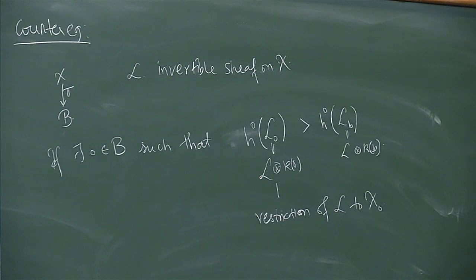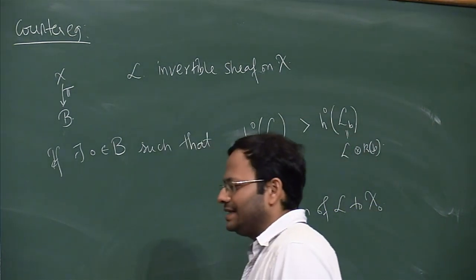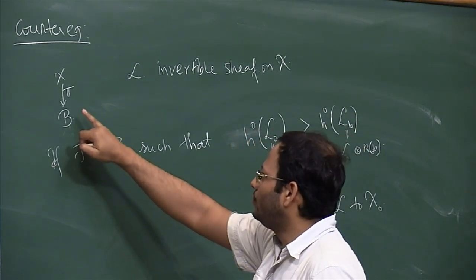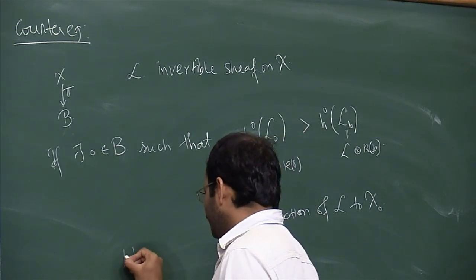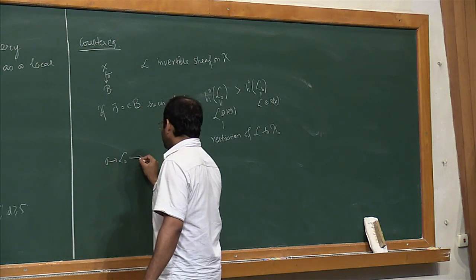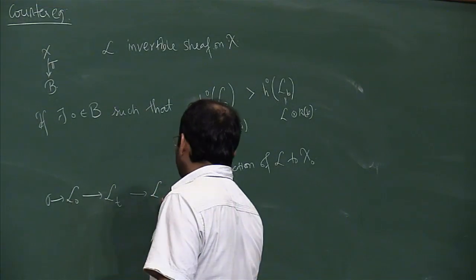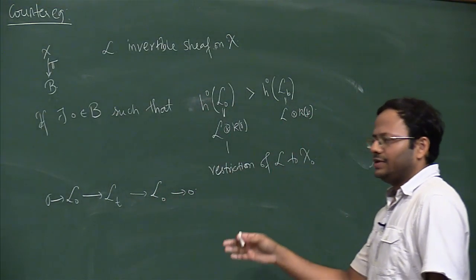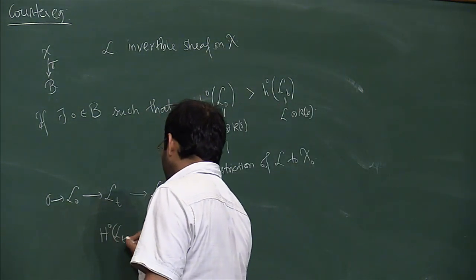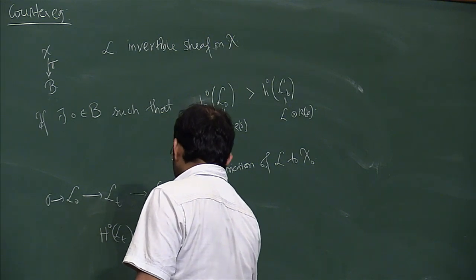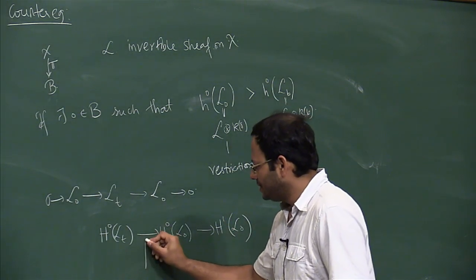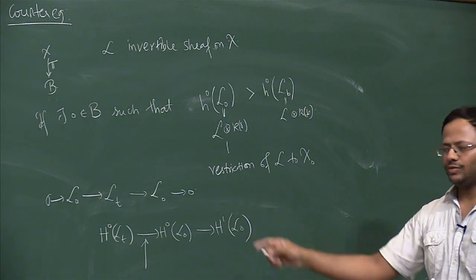Okay. And the reason this is very simple is that when you take an infinitesimal deformation of X0, you will get an exact sequence of this form. And now if you take the global sections, you will get this map, which in this situation is almost never surjective.